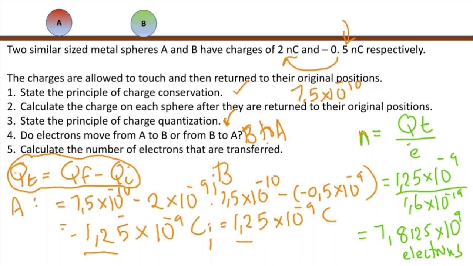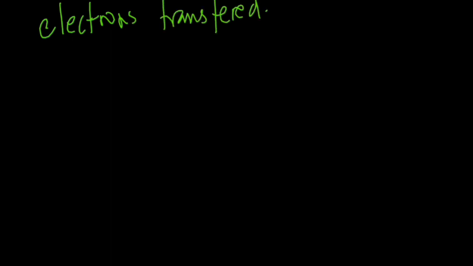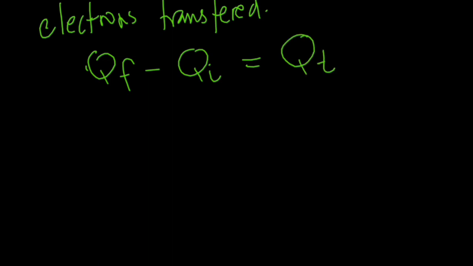Okay, so that's it, guys. That's it about charge transferred. To calculate the number of electrons transferred, you need to know the final charge and the initial charge, so that will give you the charge that is transferred between the two materials.